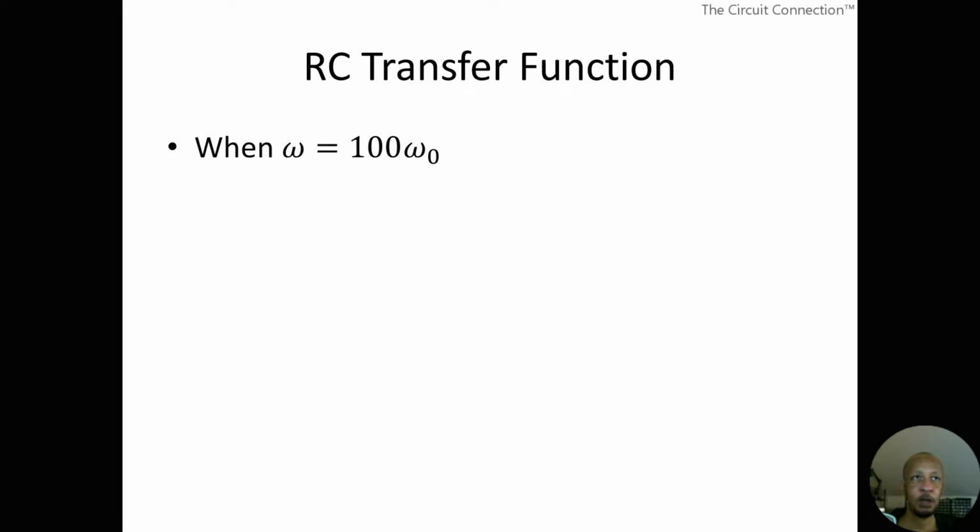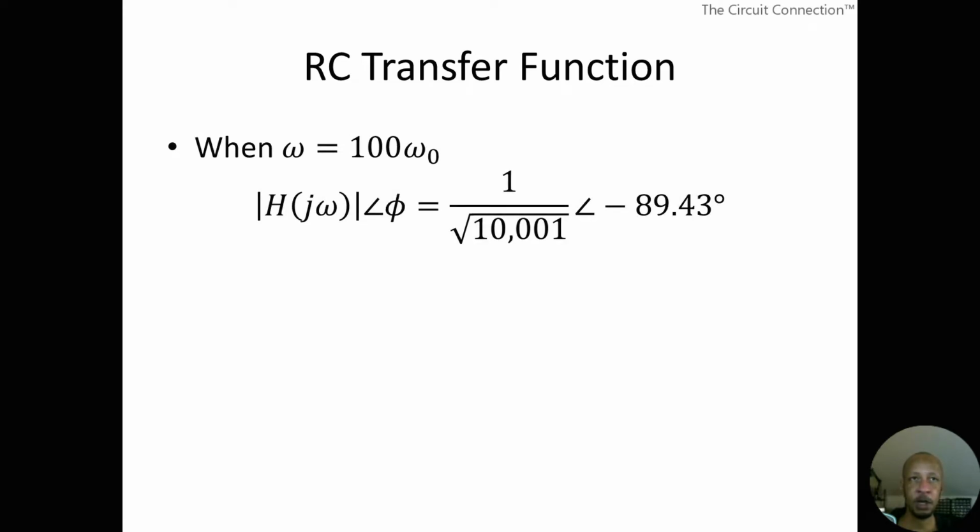And when W equals 100 W0, you have 1 over the square root of 10,001 at an angle of negative 89.43 degrees. So being at around 100 is pretty much sufficient to get the point of where this is going.